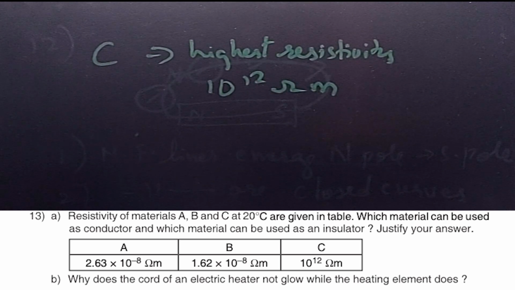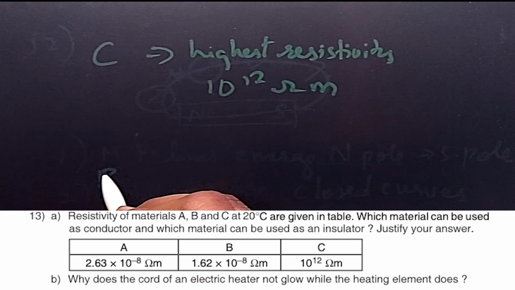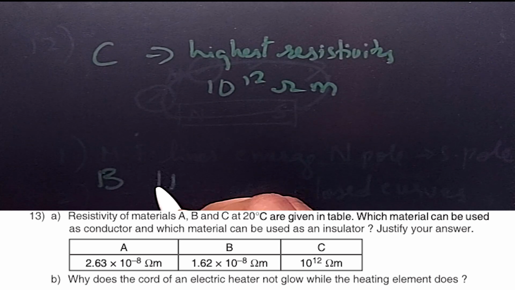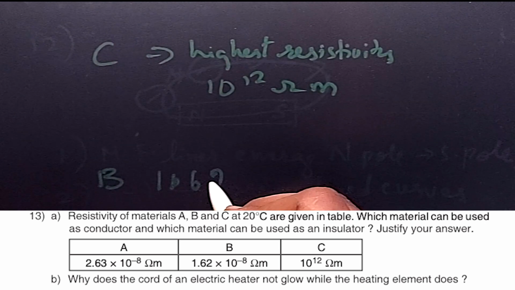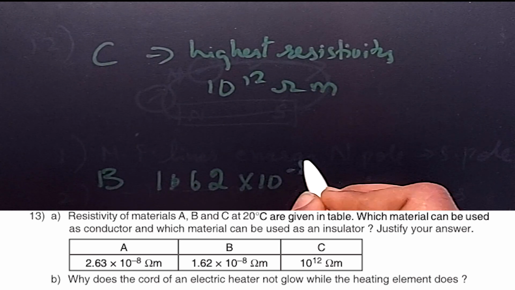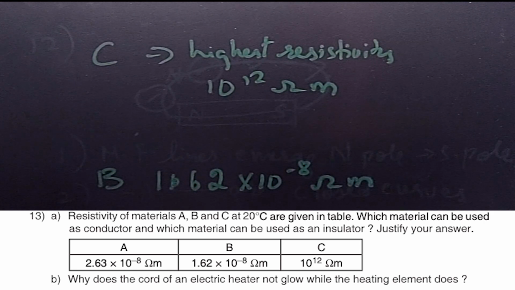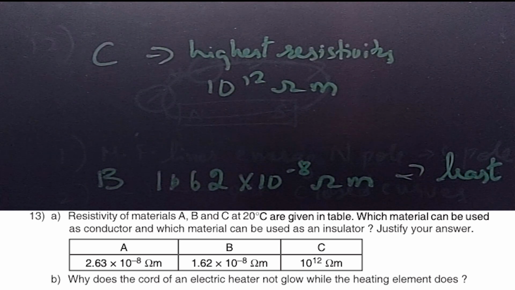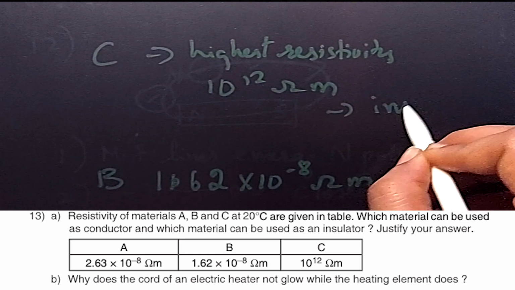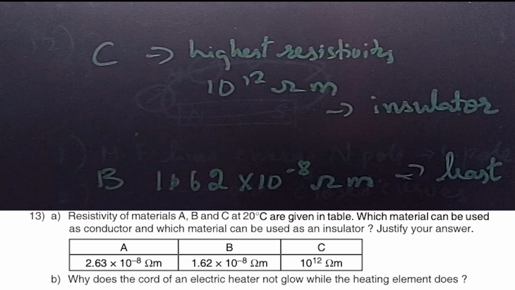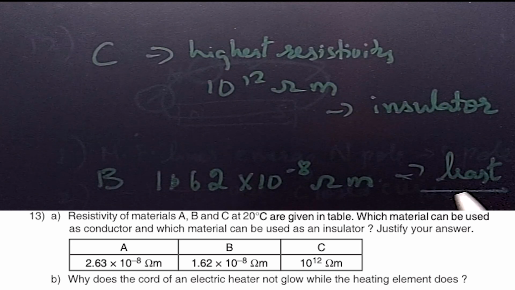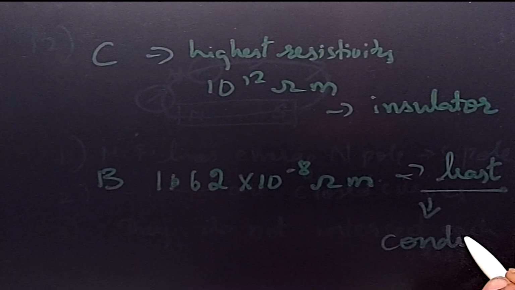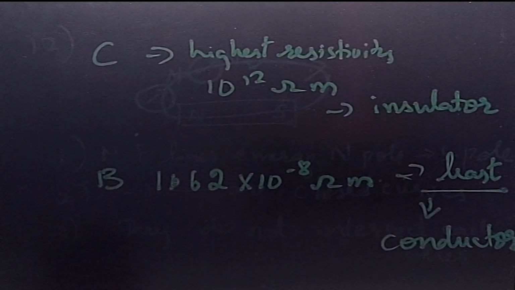And the material which has the least resistivity is material B, 1.62 into 10 to the power minus 8 ohm meter. The material with highest resistivity can be used as an insulator, and the material with least resistivity can be used as a conductor. This carries 2 marks.